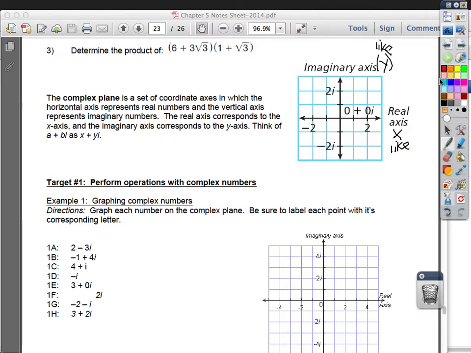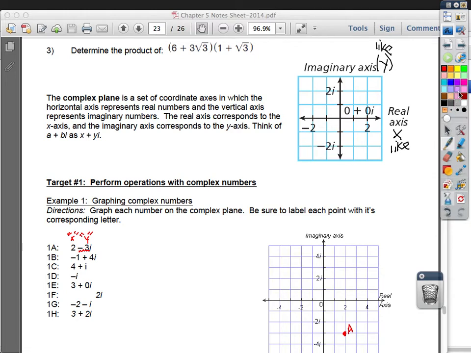So in order to plot, really all you've got to do is look at the real part. This goes along the, and I'll put it in quotes, the x, and then the imaginary part goes along the y, which, as you can see, you have the axes labeled. So you're going to go over 2 on the real axis and then down 3i. There's your dot for A. Look at me getting to play with color.